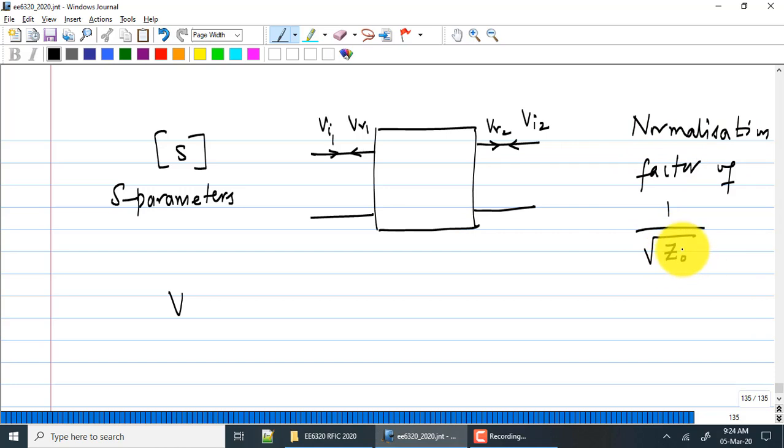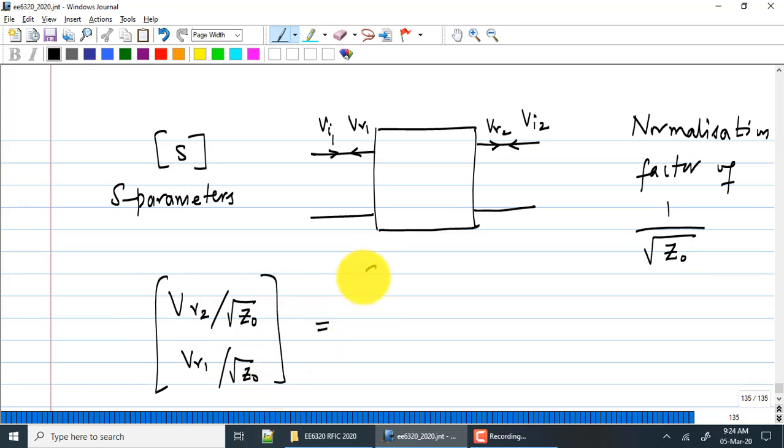These incident and reflected waves are going to be normalized using some factor 1 over root Z0. In other words, I'm going to represent Vr1 by root Z0 and Vr2 by root Z0 in terms of Vi1 by root Z0 and Vi2 by root Z0.